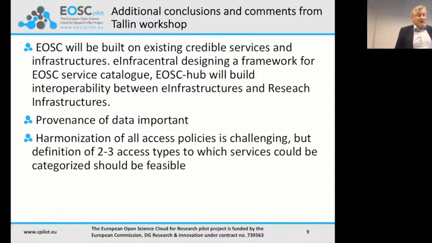And that is, of course, also going back to these principles of engagement. If you have a data service, what are the quality requirements that need to be fulfilled to include it in the EOSC, under the EOSC umbrella.